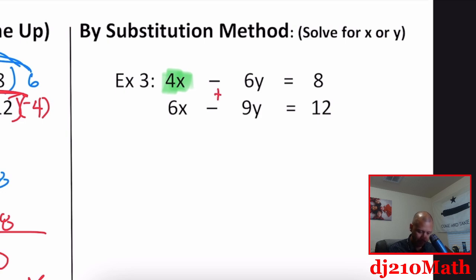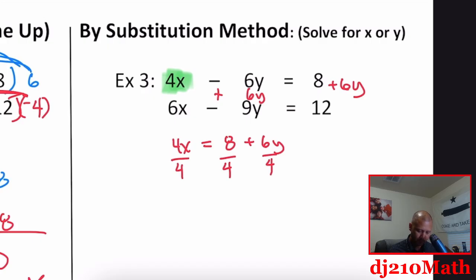So if we add 6y to both sides, we're going to get 4x equals 8 plus 6y. Isolating the x, if we divide everything by 4, the 4 cancels on the left.